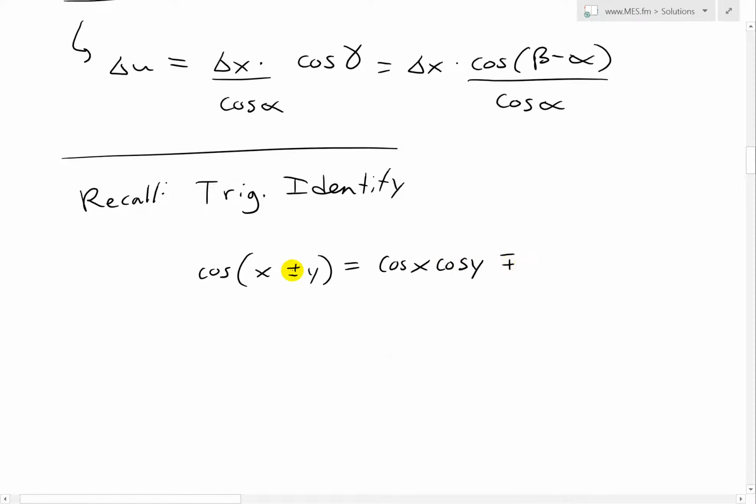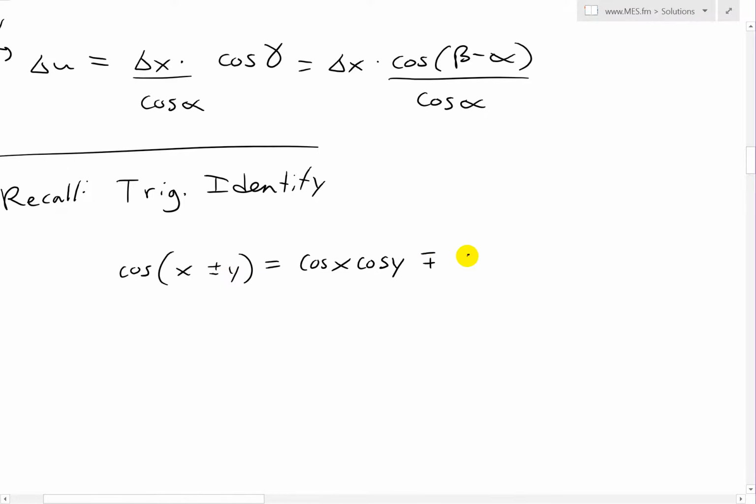So if it's plus, we minus. If it's minus, we plus. In this case, we have a minus right here, so since we minus, we plus.